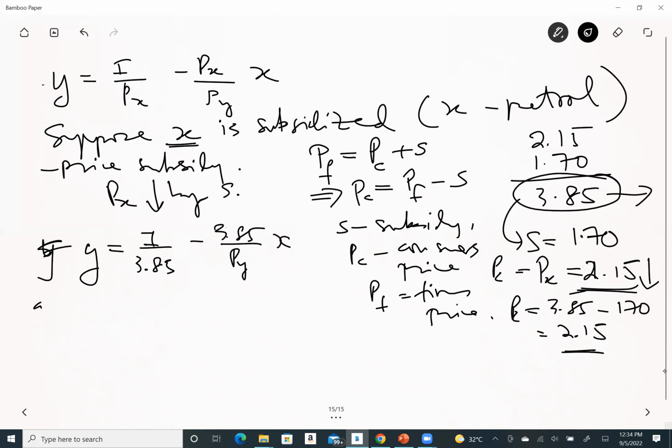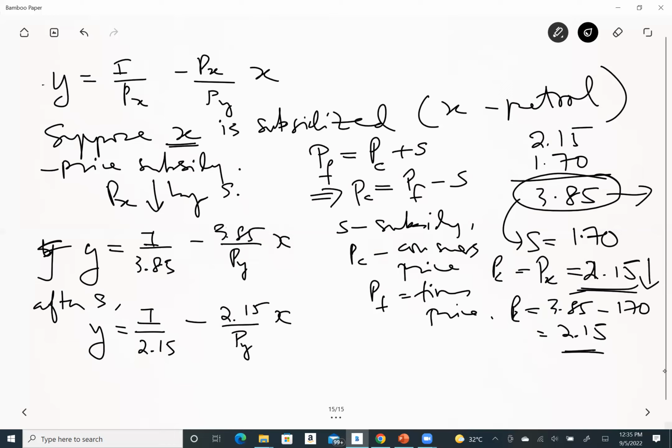Now, after the subsidy, what is the budget line? The budget line will be equal to I over PY minus 215 divided by PY X. So that is the effect.